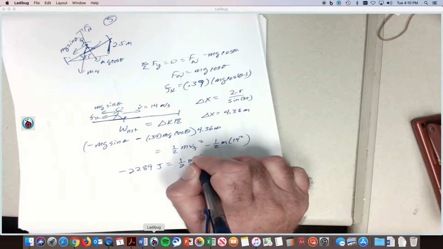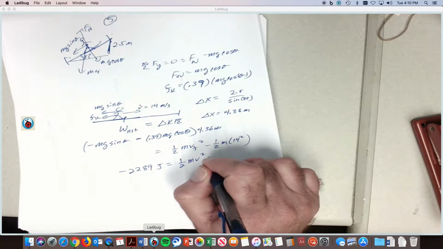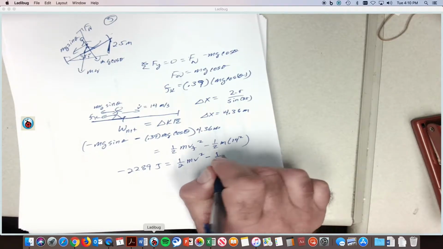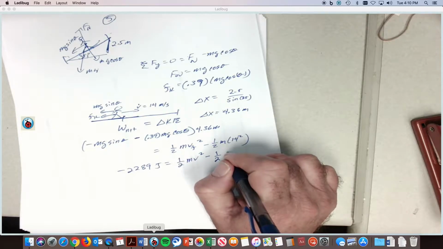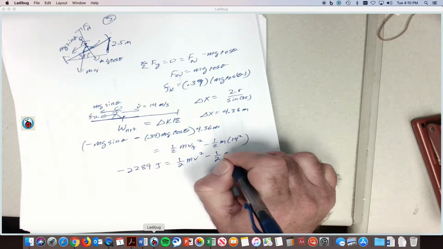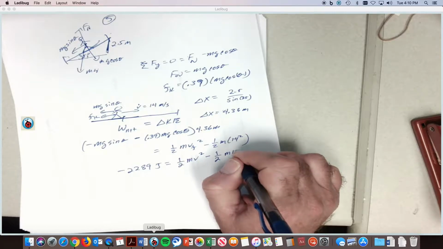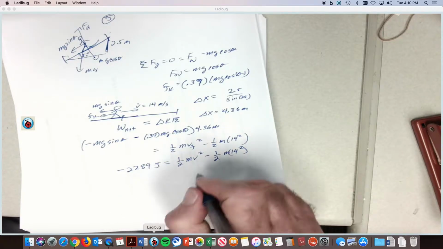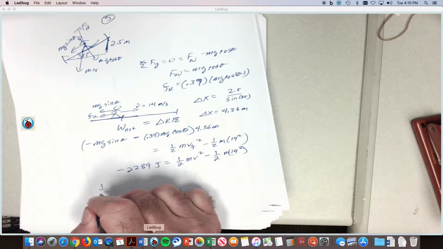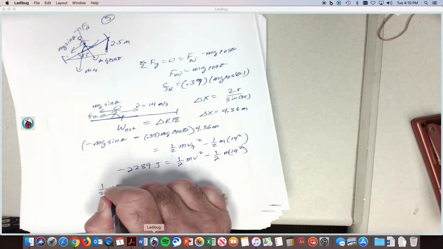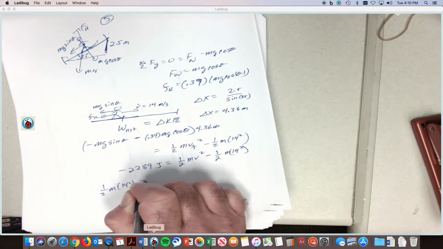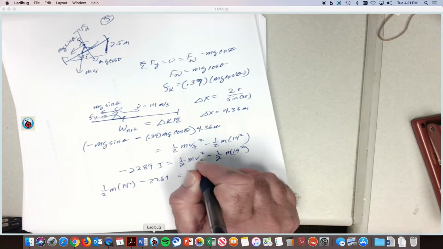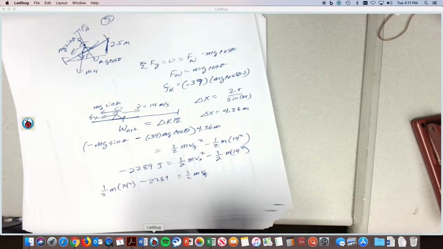Negative 2289 joules over here is equal to 1/2 m v final squared minus 1/2 m times 14 squared. So I'm going to add that to both sides. So I've got 1/2 m 14 squared minus 2289 is equal to 1/2 m v final squared.